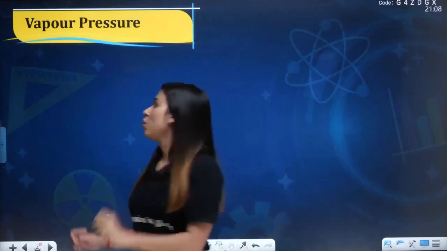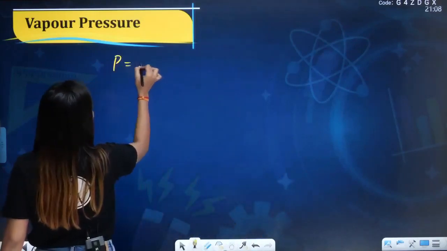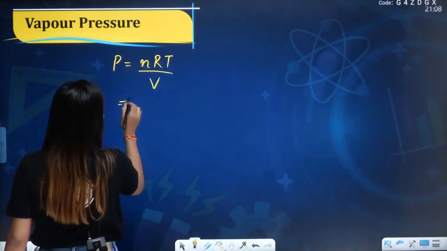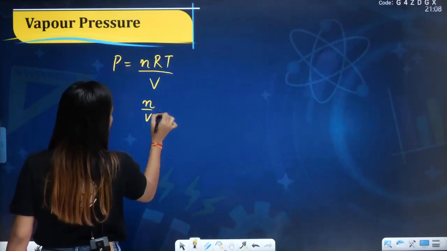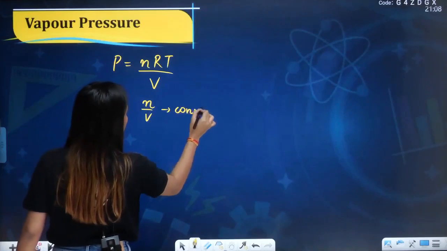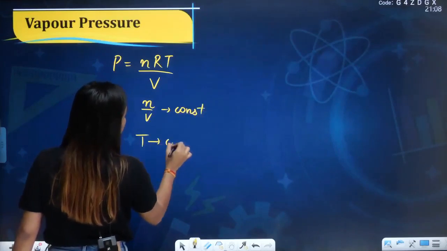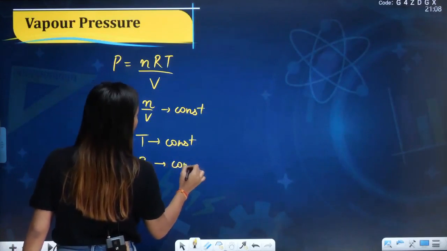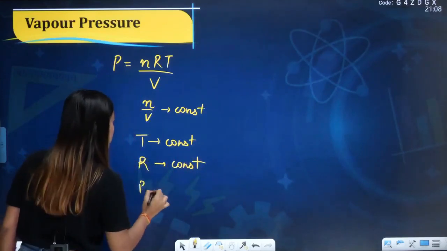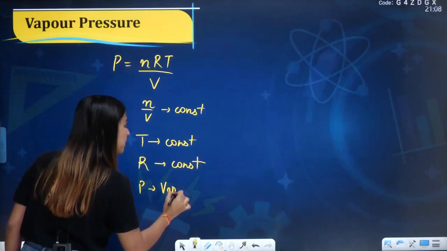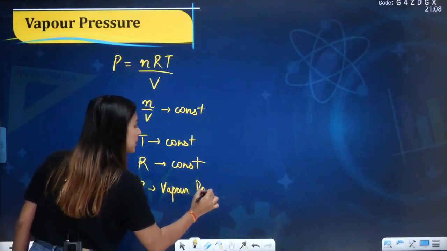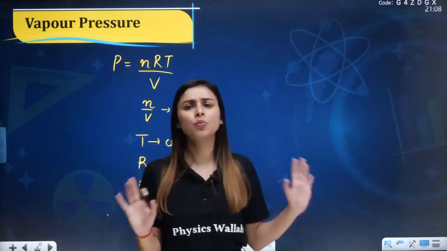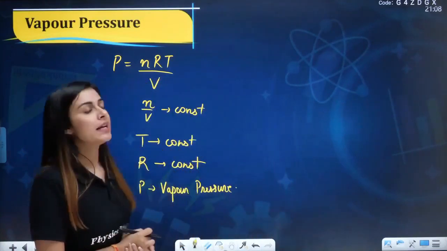So we can say that vapor pressure is equal to nRT by V, where we know that n by V is always a constant value. You keep the temperature constant and your gas constant is actually a constant. So your vapor pressure P is also a constant value, right? I hope you're clear with this concept. Perfect. Now let's move forward.